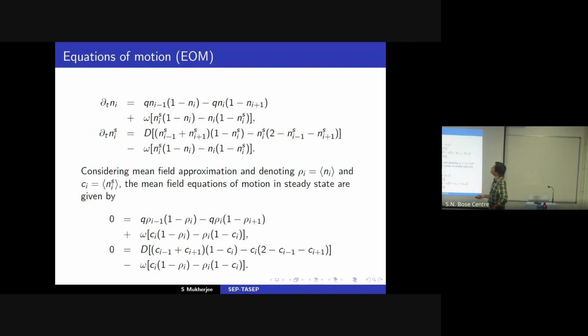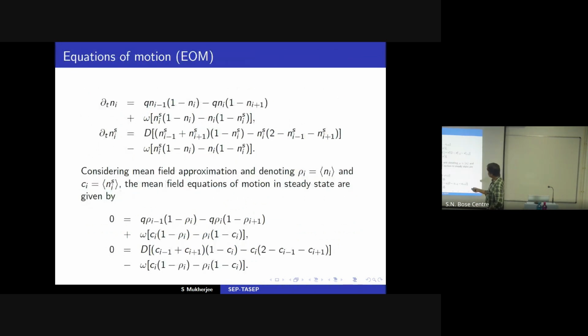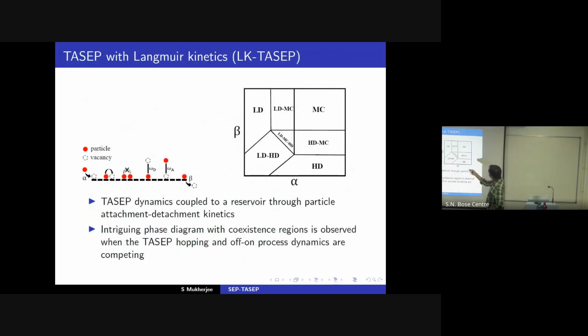So these are the equations of motion of our model in the discrete limit, where N_i is the particle density at the ith site of the TASEP channel, and N_i^S is the particle density of the SSEP channel. Again, using the mean field approximation and considering steady state, we get this discrete equation of motion. If we now consider the continuum limit, we get this equation of motion. One thing I should mention again: when we discuss the LK-TASEP, that means the TASEP with Langmuir kinetics, to get the rich phase diagram, we need to ensure that the TASEP hopping rate must be competing with the on-off rates.